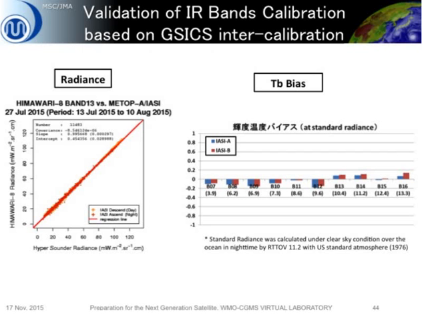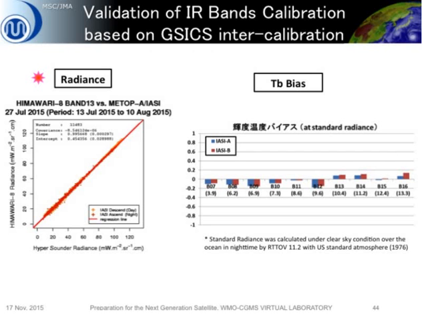And calibration performance is also validated, which is radiation measurement accuracy. This slide shows infrared band validation with GSICS inter-calibration method. And left figure shows radiance one-to-one comparison of band 13 between Himawari 8 and IASI hyperspectral sounder on METOP.